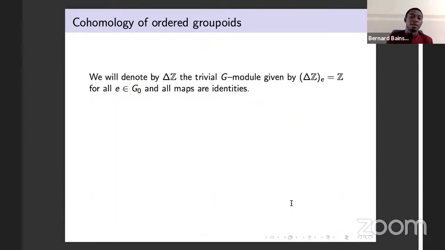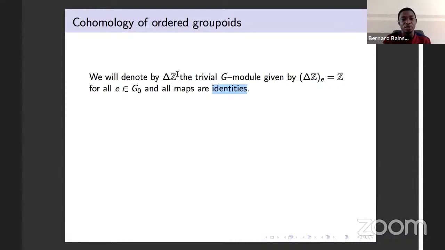Now, typical examples of modules over ordered groupoids are the following. I am listing these ones because we are going to make use of them. And although they may look trivial, they are very interesting and have rich information. So delta Z is the G-module that associates to every identity in G the abelian group Z, and every morphism, just the identity morphisms. So what you have is just Z sitting at all the identities, and the maps between them are just the identities.